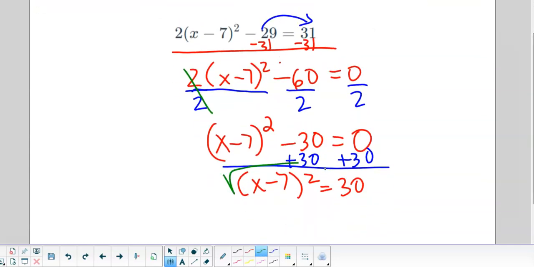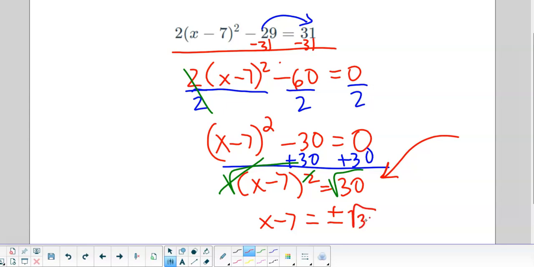Now I'm going to square root both sides. Now be careful when you square root both sides here. We know that the square and the square root cancel out. But be careful over here on the right. When you square root a value, you're going to get a plus or minus answer, and then the square root value. So I could try and simplify this, but I don't think I have any perfect square factors.